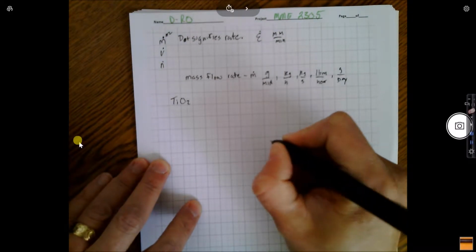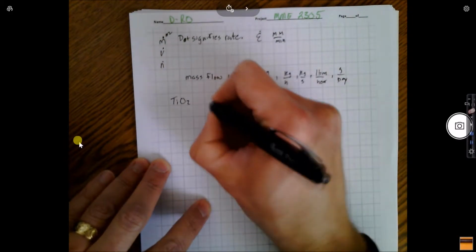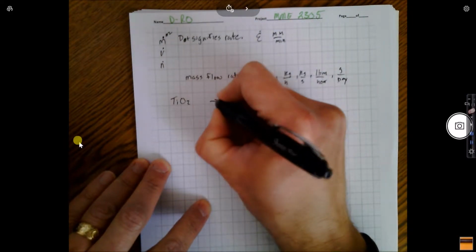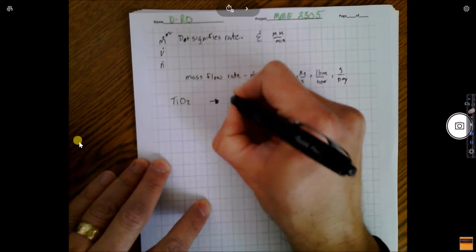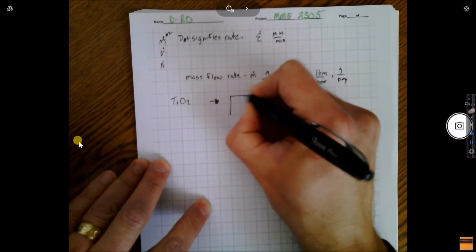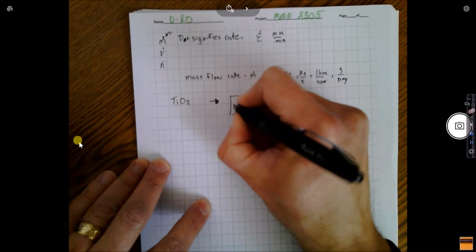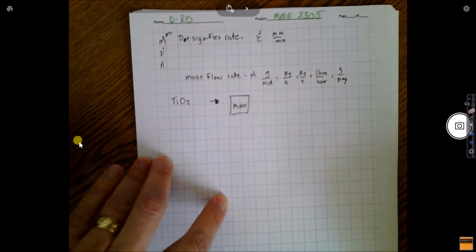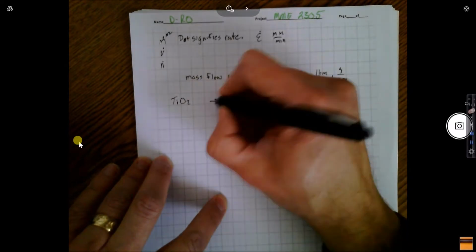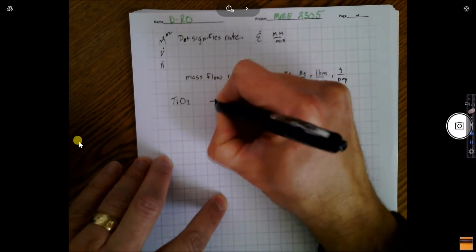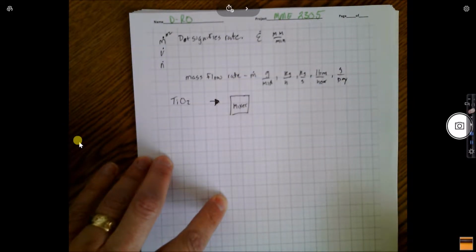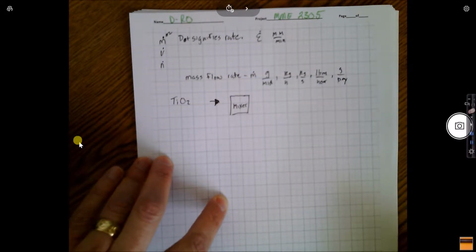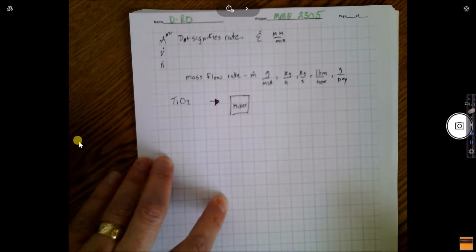Let's say we work in a paint factory, so we're flowing some titanium dioxide into some sort of mixer. We're making paint. As an aside, titanium dioxide is the pigment that makes paint white. Before people used titanium dioxide, they were using lead, which is hazardous to human health, so we no longer use that as a society.